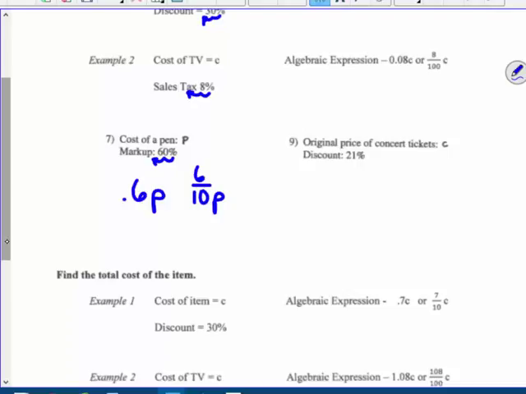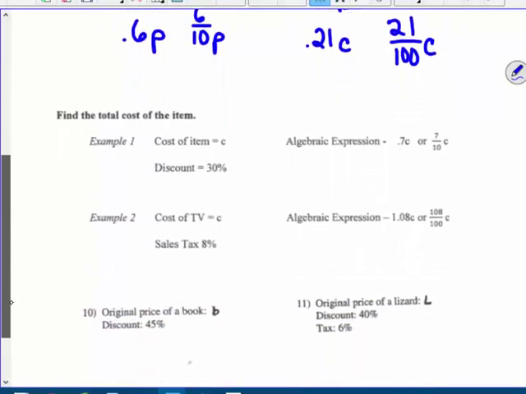The original cost of a concert ticket, C, at a discount of 21%. So changing that percent to the decimal, 21/100ths C. That's the expression to find that. Find the total cost of the item.